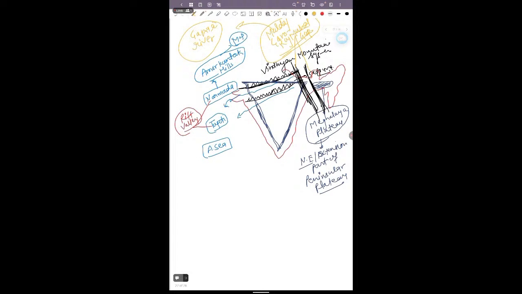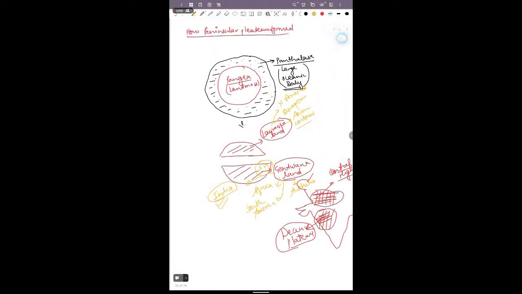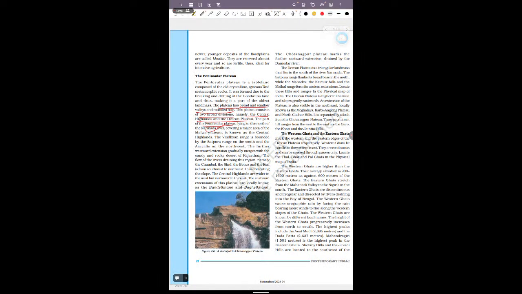So in this region, there are a number of hills, and some of the largest hills are also found, like Maikal and Amarkantak hills. There are some of the Satpura hills, Vindhyan hills. These are also found in the region of the Peninsular Plateau.